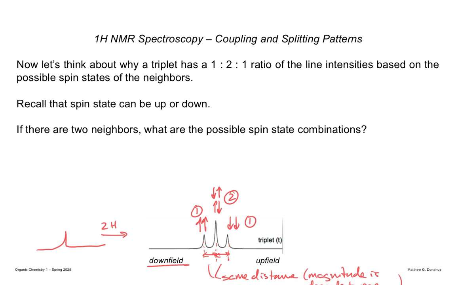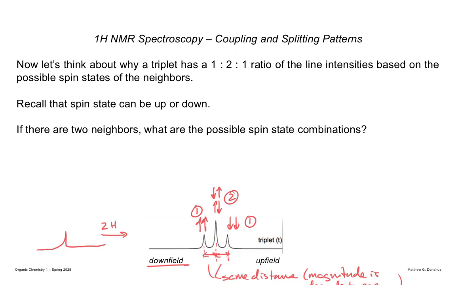The magnitude of that distance, as I said, changes based on the molecule. It's dependent upon the hydrogens of the signal you're interested in, and then your neighbors. And we said way back in module 1 that between a carbon-carbon sigma bond, there's free rotation, right?